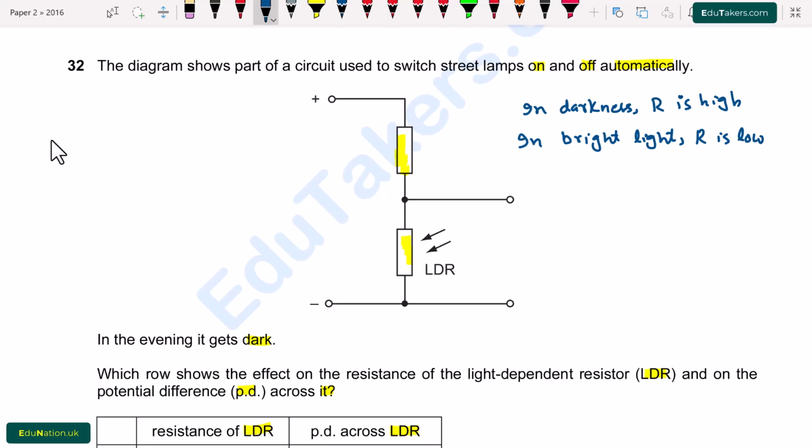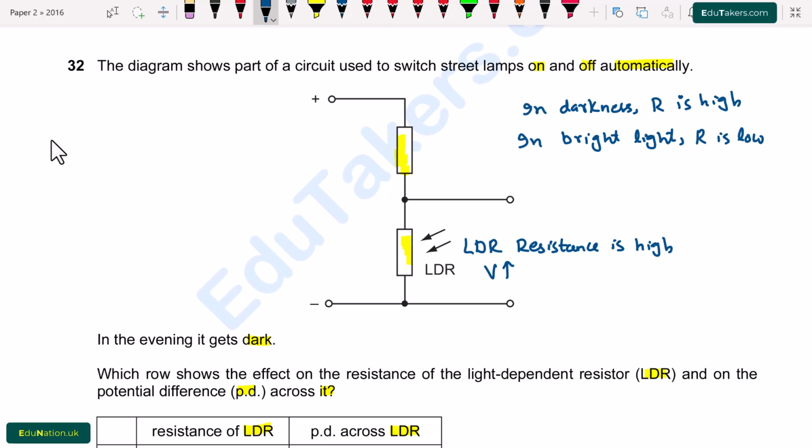It means that in the evening there is darkness, so the resistance of the LDR is high. I write here, resistance of LDR is high. When the resistance of the LDR increases, the potential difference across the LDR also increases, because here it's a potential divider case.